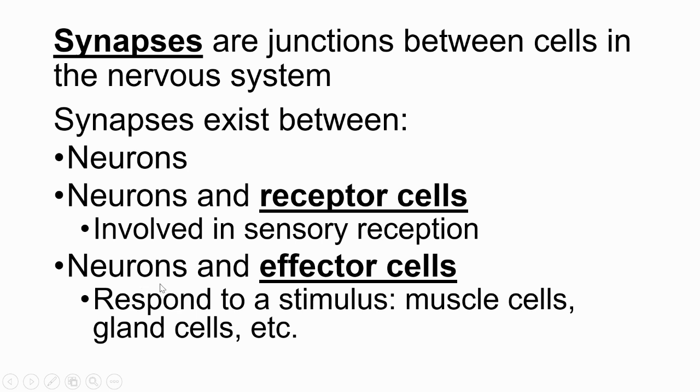Or we could have neurons linking up to an effector cell, which would cause a response. So you have a nerve cell connecting to a muscle that makes you move. You could have a nerve cell linking up to a gland, and that would cause the gland to release some hormones or something. That would cause a response. So again, nerves can connect to nerves, to receptor cells, or to effector cells.